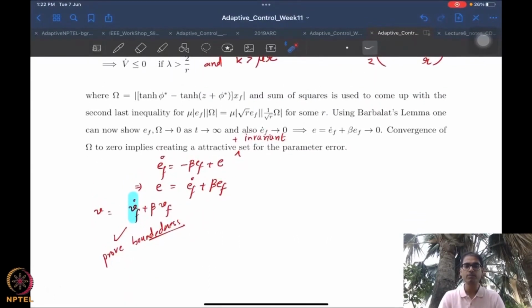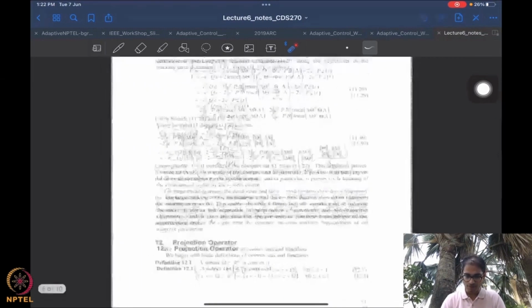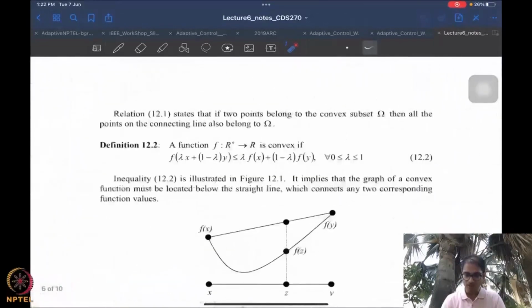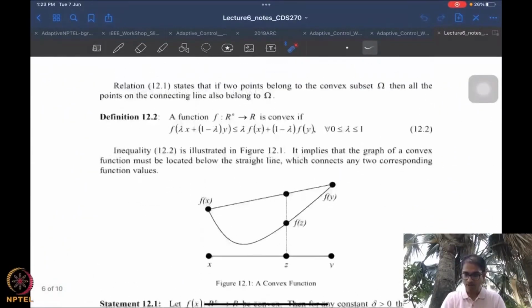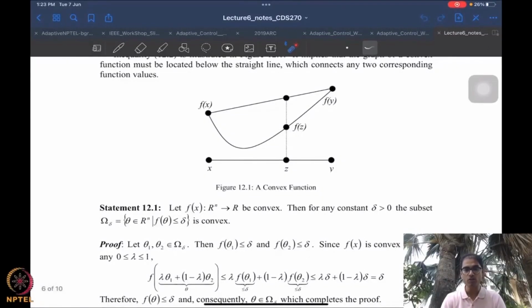Okay, so this is the projection method. By the way, this is only one kind of projection method that I have specified. There are other ways to do parameter projection. In fact, this is a rather unusual way. The more common way is using the notion of convex sets, which I am not presenting right here, but it is available in results from Ioannou, etc. You have references which talk about convex sets and how to do projection on convex sets.